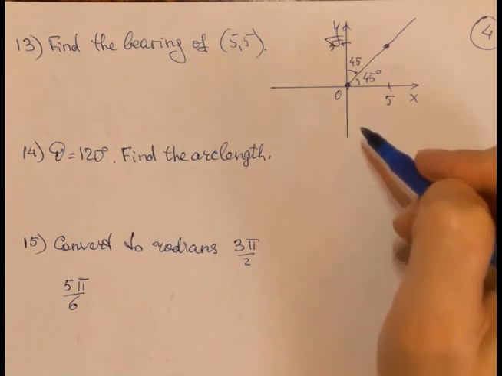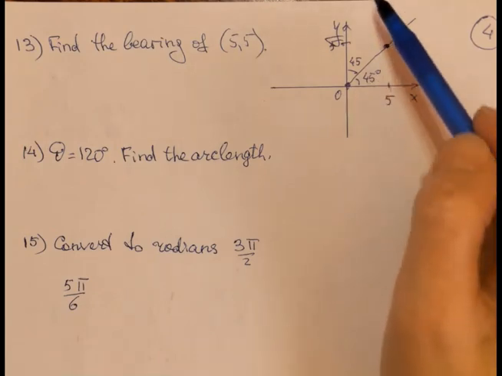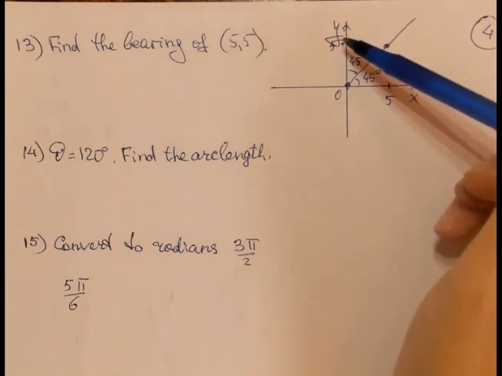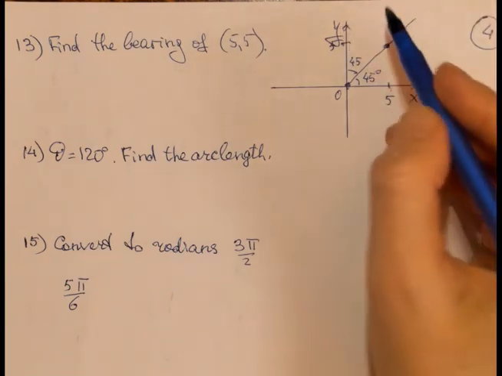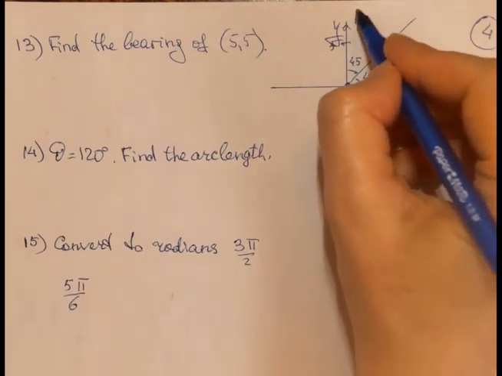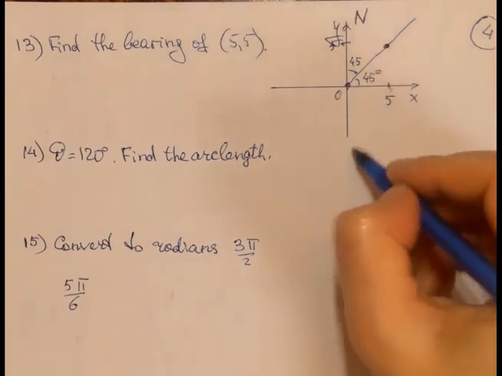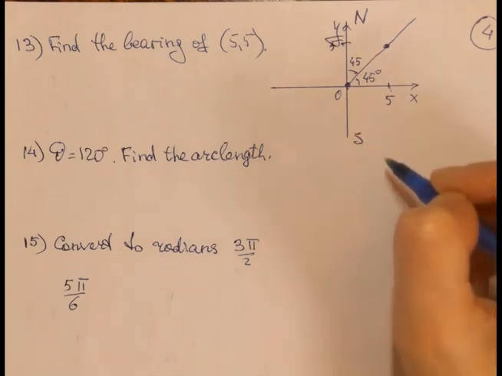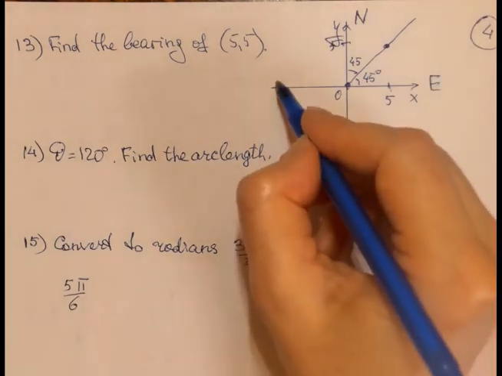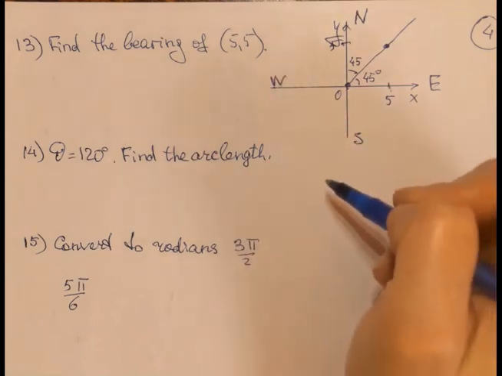We have actually two bearing methods, and we will use the second one, the one with letters. So we know that on a standard map we have north above and south below, east is to the right and west is to the left.